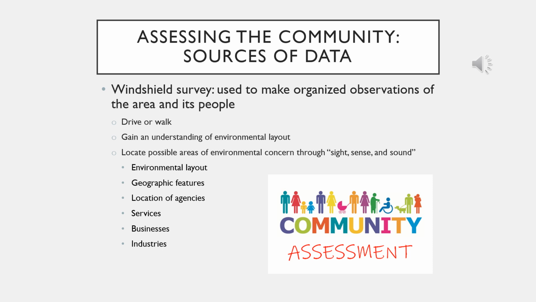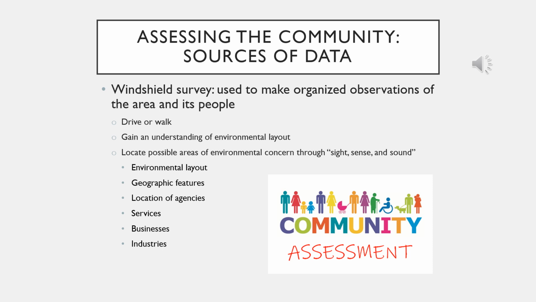Another way of obtaining data is through a windshield survey. A windshield survey is used to make organized observations of the area and its people. So this is a descriptive approach that assesses several community components by driving or walking through the actual area. Again, it's going to be a descriptive overview.